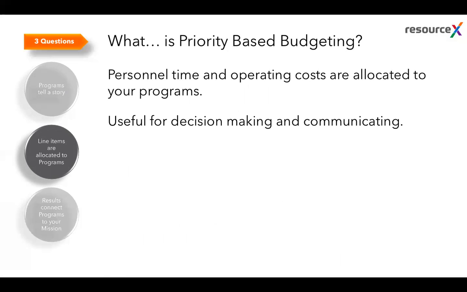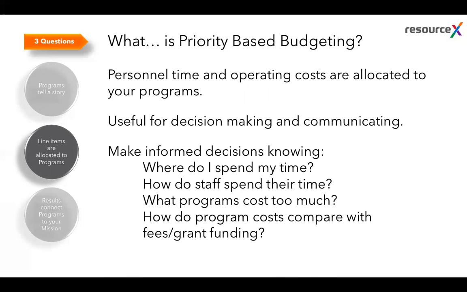This information will be helpful as you all take the data and use it for decision making and communicating. Some of the questions that can be answered immediately after cost allocation is just identifying where you spend your time, where staff is spending their time, just acknowledging a total program cost and identifying if that feels like it's in line with what you were expecting, and then also comparing costs with any fees or grant funding.